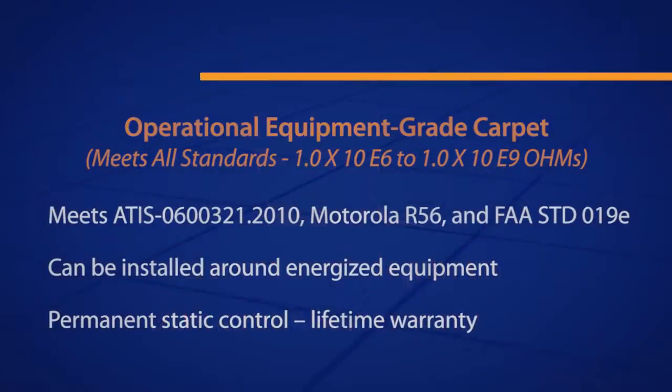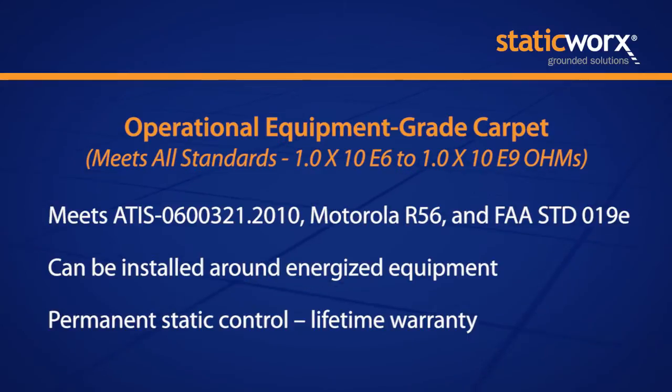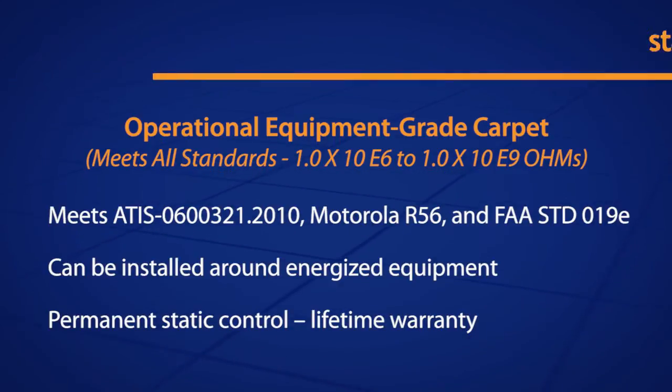But anything that's plugged into the wall, if it's static sensitive and you want to protect the equipment at the same time as you're reducing the possibility of a static discharge, you need to have a floor that prevents static but also allows a person to be safe. The only difference between operational grade and ESD grade is operational grade has a built-in resistive network.